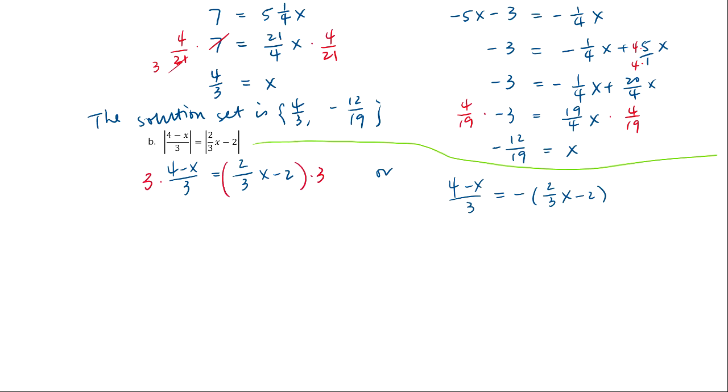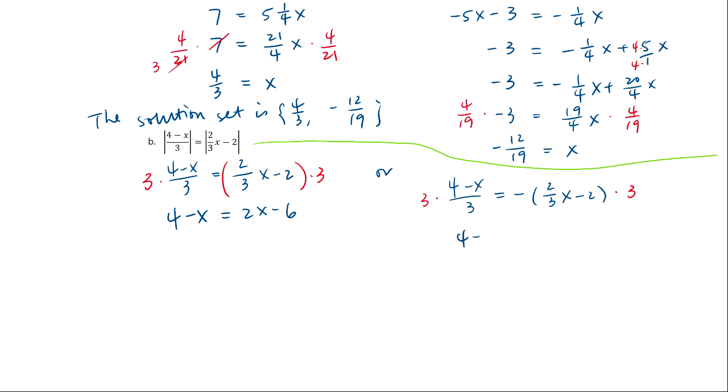On the left side, I just have one big expression, one big term by itself, and on the right side I have multiple terms, so make sure not to lose a parenthesis along the way. And therefore I get 4 minus x is equal to 2x minus 6 as I distribute 3. And if you want, you can do the same thing directly with the second scenario as well, multiplying 3 on both sides.